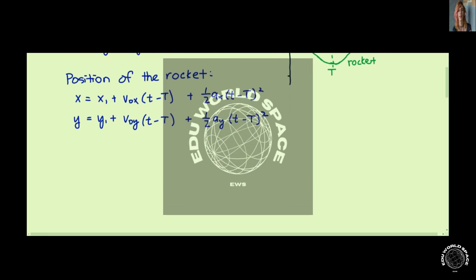For the vertical motion, at time t, y is equal to 0, which is the airliner's height.